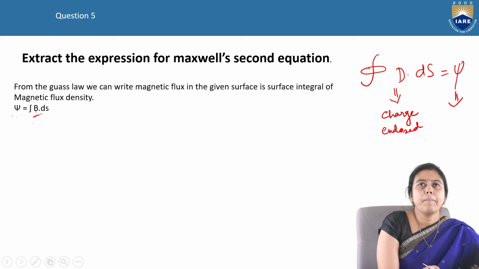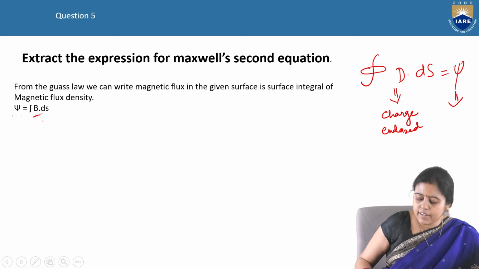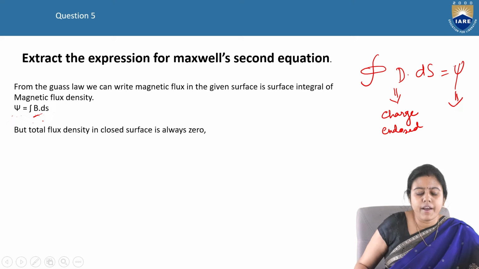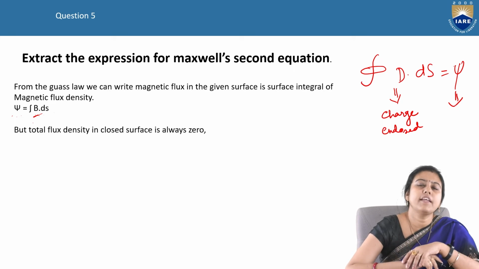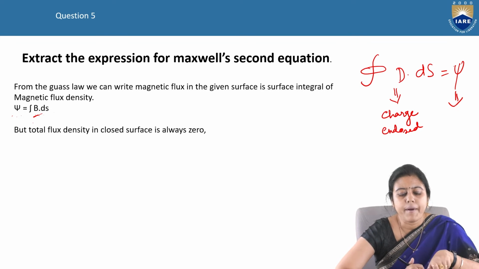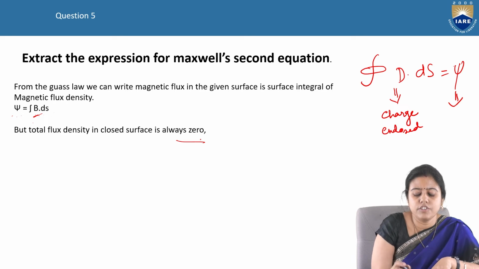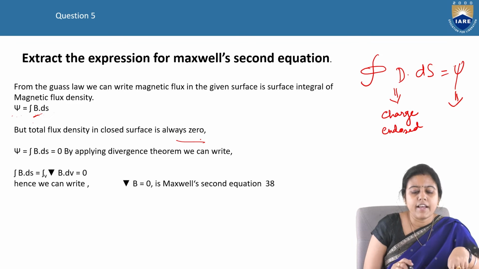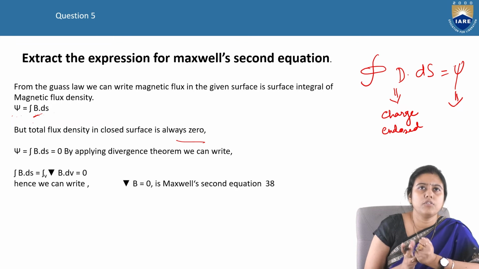What is B? B is nothing but the magnetic flux density. Practically there is no isolated magnetic charge; as I told in the first topic, it is a fictitious quantity. So practically the net flux is 0, and we can write that B dot ds is equal to 0.